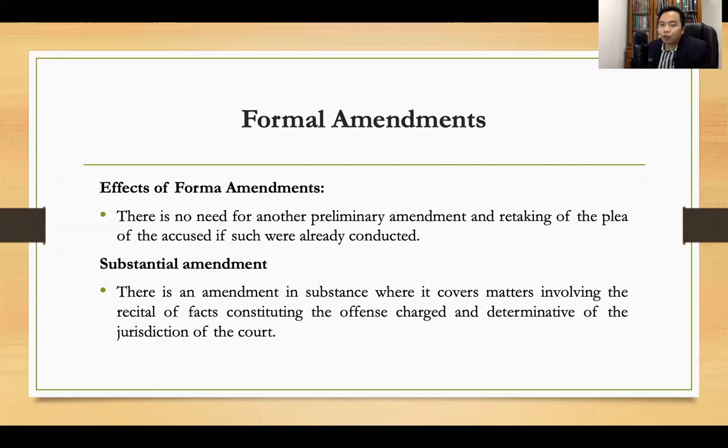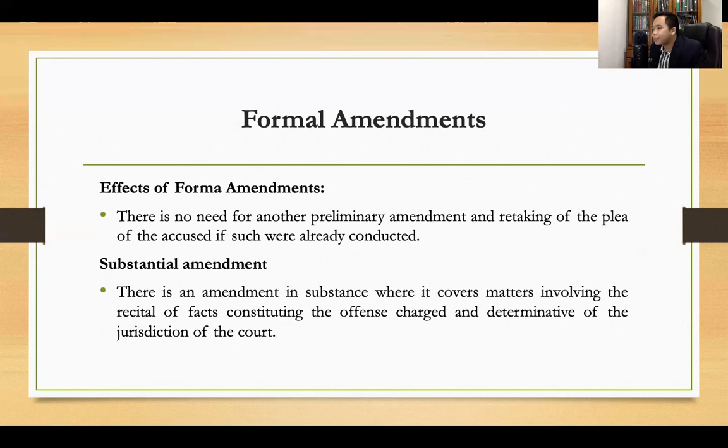For example, if you change the allegation so as to change the nature of the offense or the law violated, class, these are what we call the essential ingredients of the crime, then it is considered a substantial amendment. Or when the amendment is determinative of the jurisdiction of the court, then it will be considered a substantial amendment.